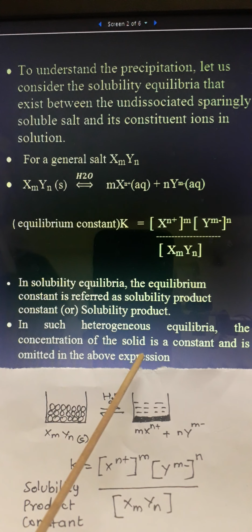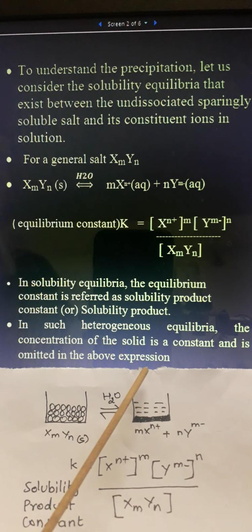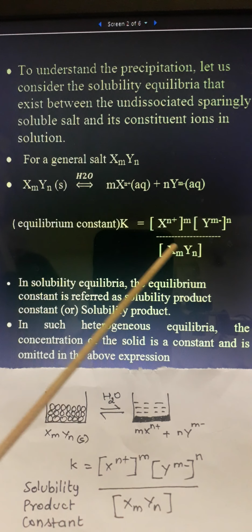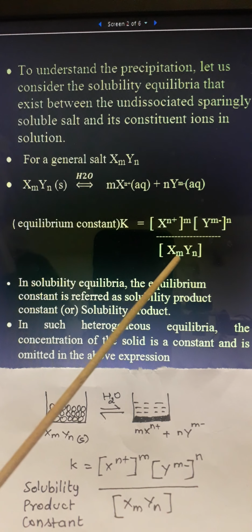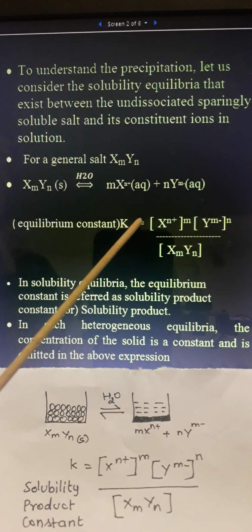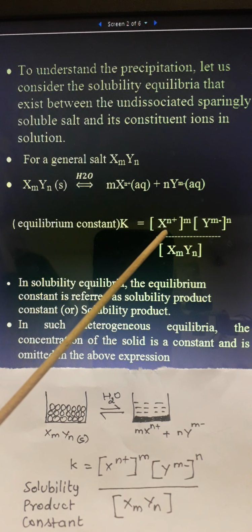The concentration of the solid is a constant and it is omitted in the above expression. So the equation becomes K equals the concentration of X^n+ to the power m, times the concentration of Y^m- to the power n.